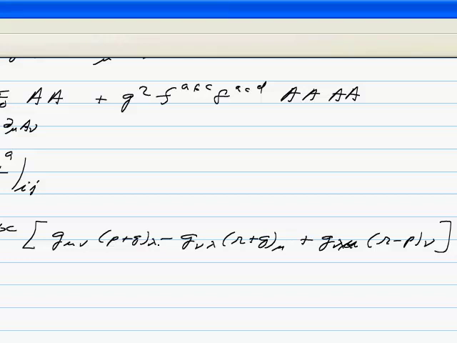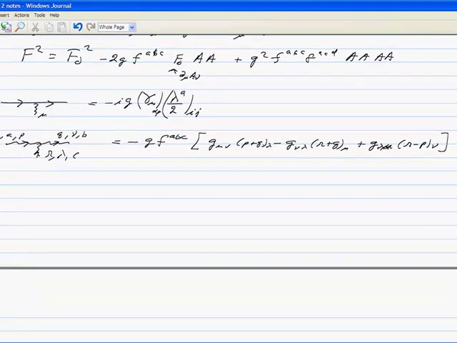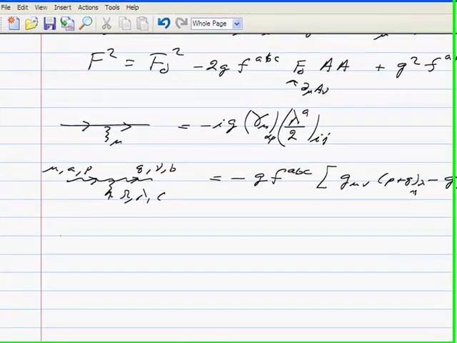So the way we've written it here, the momentum label involves every momentum except the one that the Lorentz index falls on, so the lambda involves P and Q. So anyway, that you can write it out.